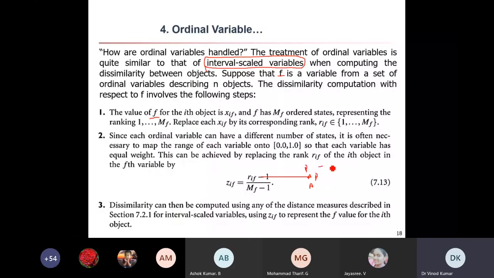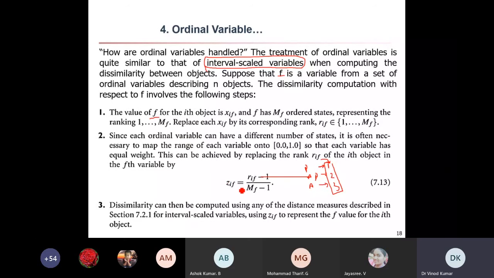So you can assign some priority value: 1 for professor, 2 for associate, and 3 for assistant. So these three values I have assigned. Now this is converted into numerical values.